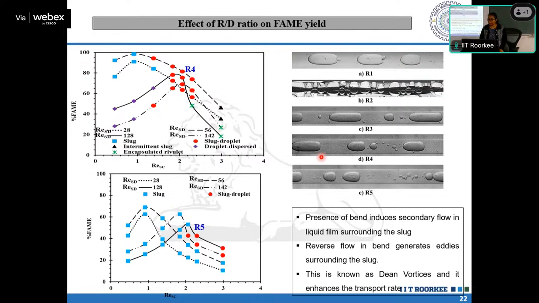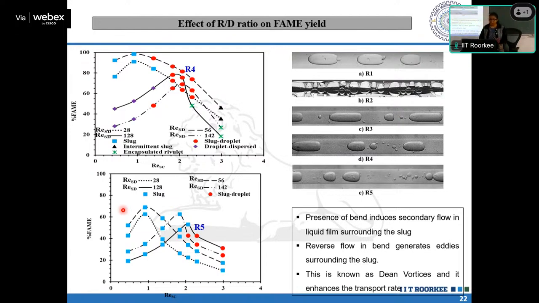R4 also has a similar yield. R5 yield is pretty low. If we take a straight reactor, the yield is not even 80, and we get close to 98, 97% yield in a serpentine reactor.